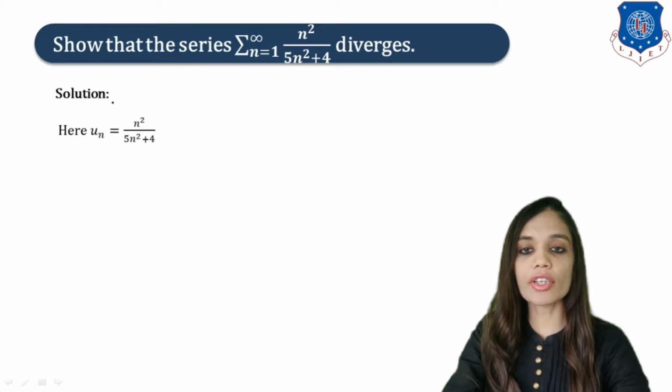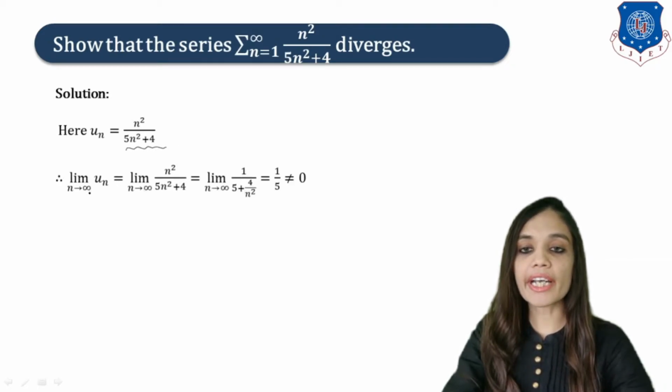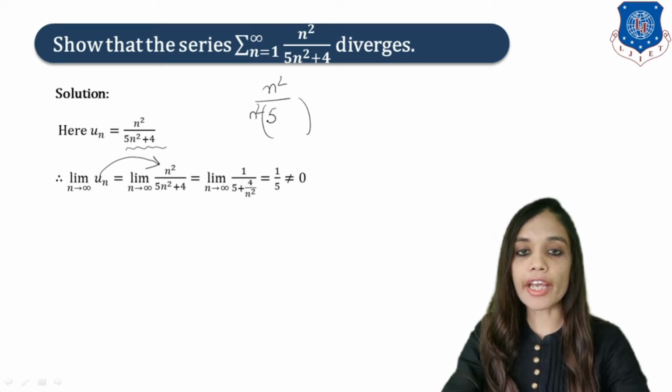So here you are given un as n square upon 5n square plus 4. Now let us find the limit of un. So limit n tends to infinity un. Put the value of un. Now you have to take out n square common from the denominator. So you will get 5 plus 4 upon n square. Now this n square gets cancelled out.